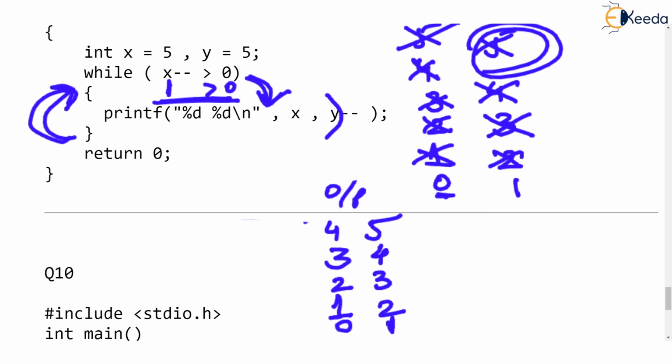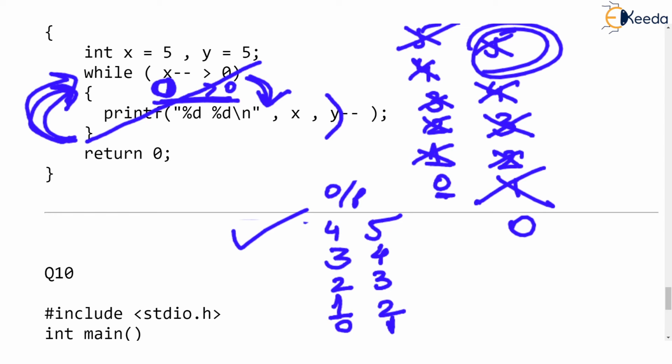And after printing, y is going to become 0. During the next repetition, x is 0, but is 0 greater than 0? False. So this loop will break. So this is the output due to the while loop given in the question. I hope you have understood.